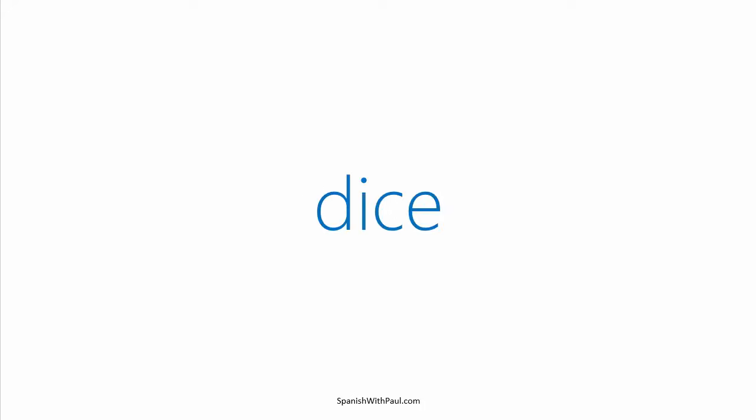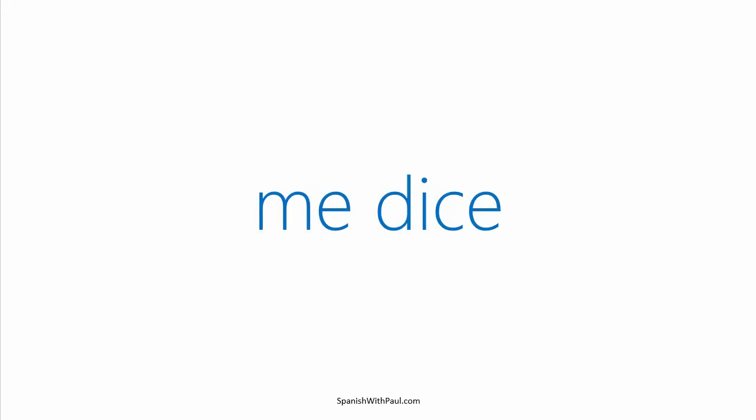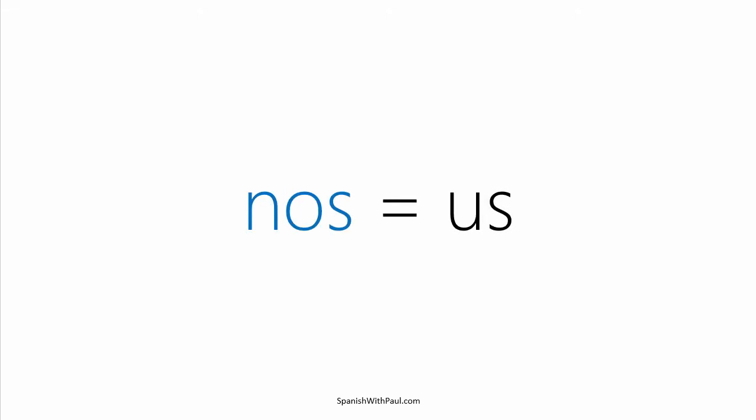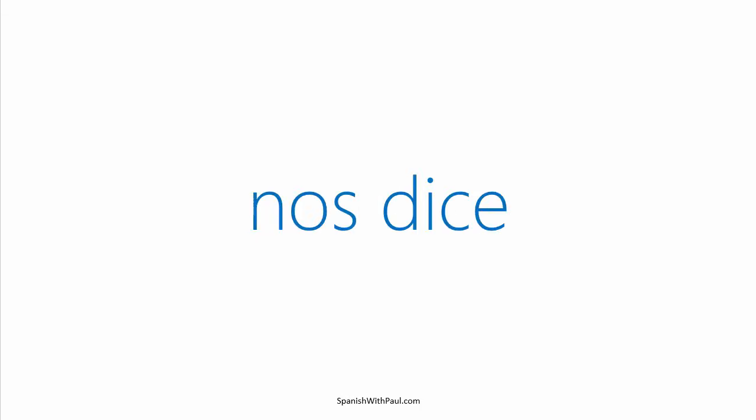If we wanted to express he tells, that would be dice. So to say he tells me would simply be me dice. The last one on our list is nos, and this means us. So if we wanted to express he tells us, it would be nos dice.